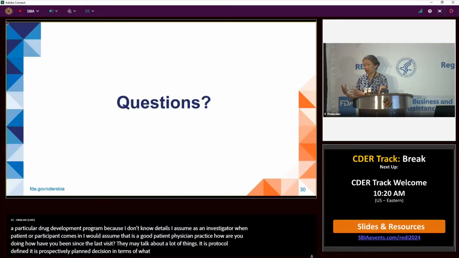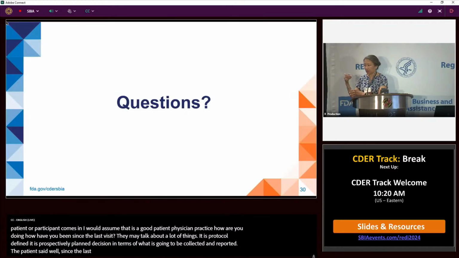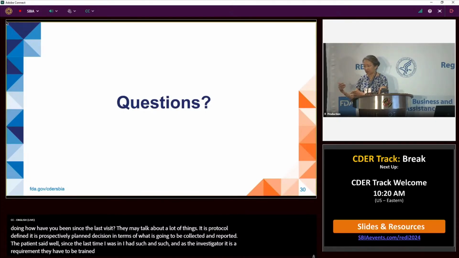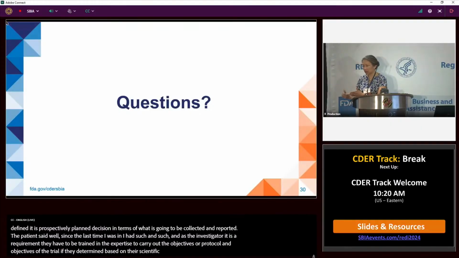If the patient said, well, since the last time I was in, I had such and such, and as the investigator, you are required to be trained and have the expertise to carry out the objectives of the protocol and the trial. If they determine, based on their scientific knowledge, that this is not an essential part of ensuring the safety of the patient and it's not in the protocol, then that wouldn't be something that's going to be reported to the agency. Does that help?